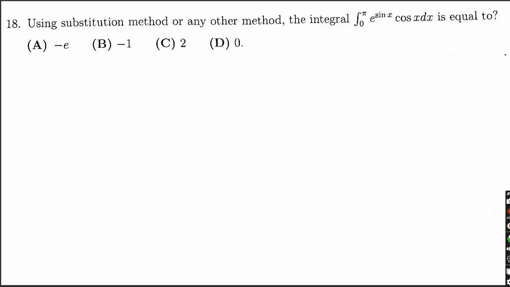In this question, you have already been told that you can use the substitution method or any other method you are okay with. So to find the value of that integral, I'm going to forget about this. I'll say the integral of e to the power sine x, then we have cosine x, then dx.